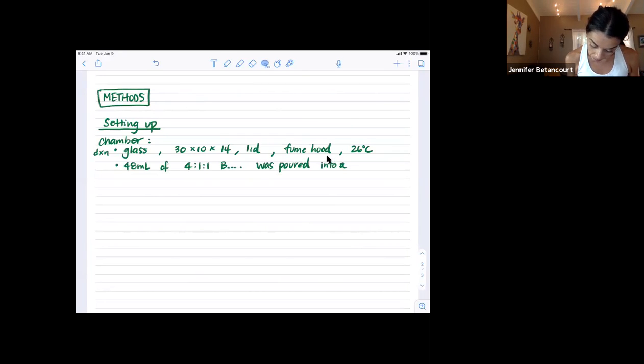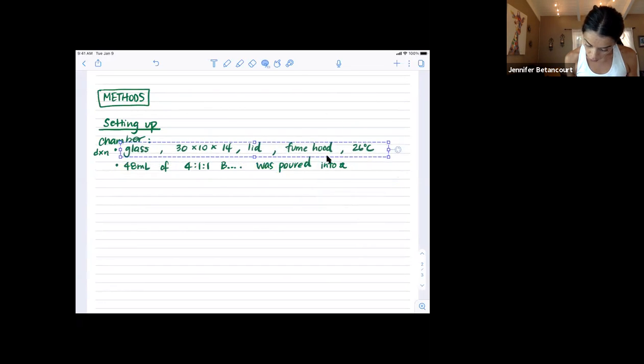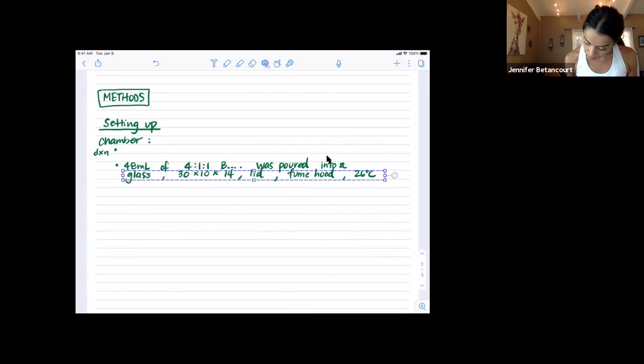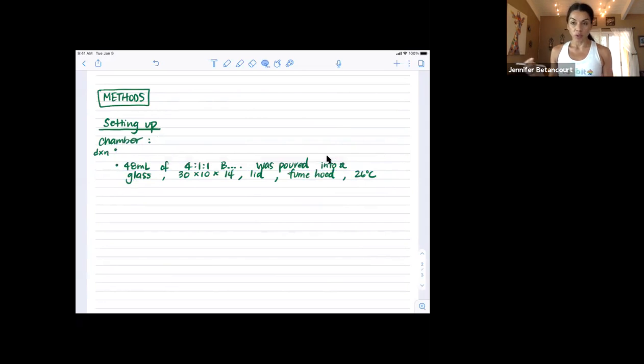See what I'm going to do here. Okay, we just took two separate sentences, or maybe you have 3 or 4 sentences and we made them one. 48 mils of a 4:1:1, blah, blah, blah, blah, blah. Here's where you can say in parentheses, mobile phase. Why do we write mobile phase in parentheses? Because it's the less specific phrase that you can use to describe what you're actually pouring.